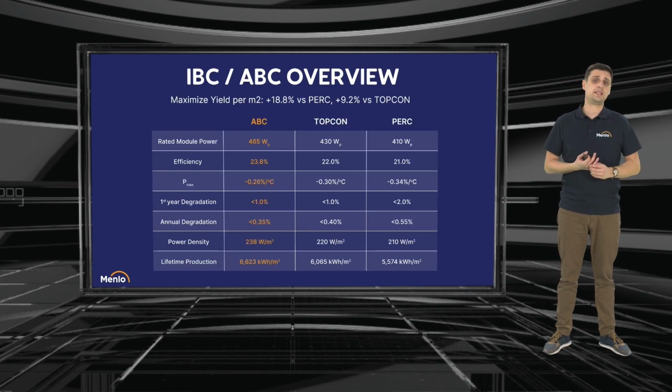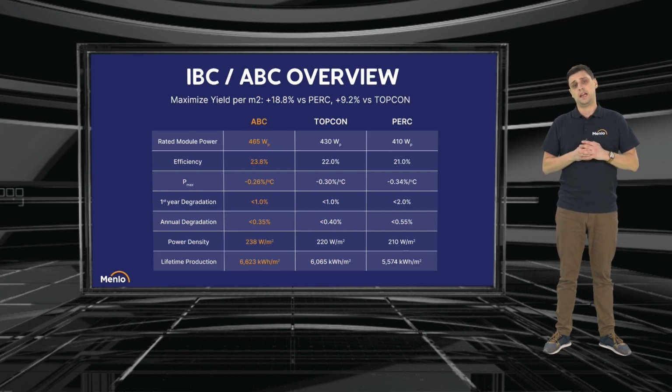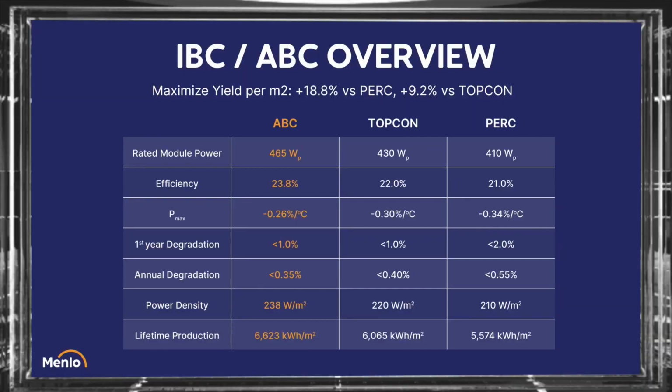About EBC, ABC technology, I showed a comparison of main parameters. The main parameter which, in my opinion, is interesting, is the actual power of a module with the same size. If we take a 108 cell module, right now ABC modules can provide 465 watts of power, TopCon 430, I heard 435 will come along, and 410, 415 is the maximum.